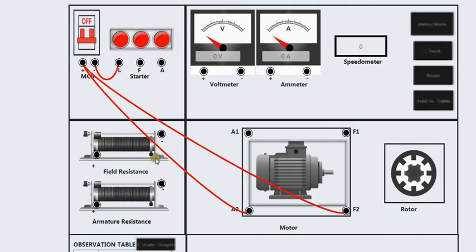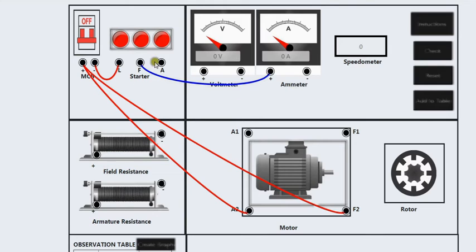This ammeter and field rheostat will be connected in series and then finally connected to field point F1. Take the starter F point, so we are connecting the field circuit.